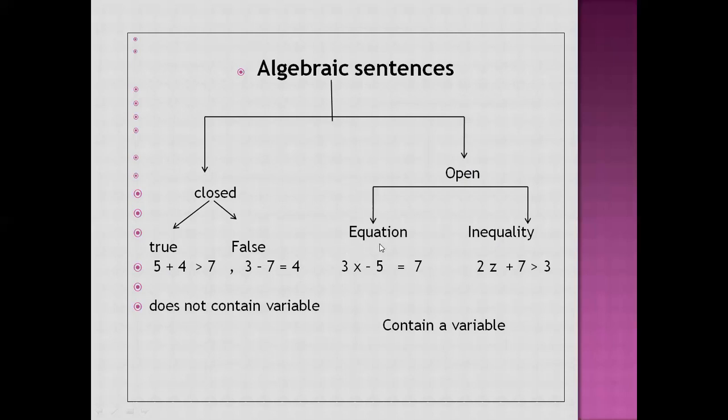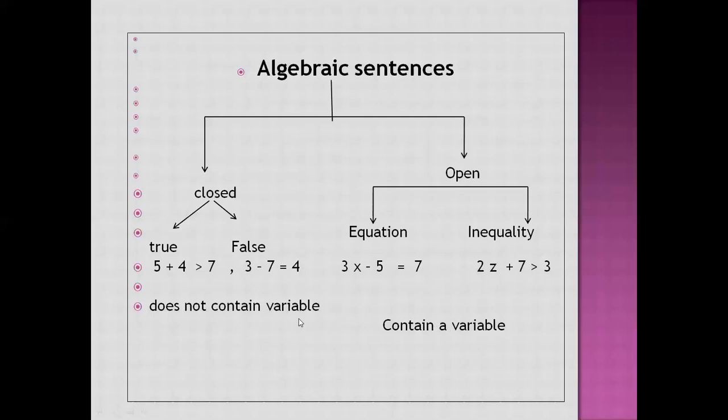Equation, by the name we can easily understand, the equals sign is given between the two expressions. 3x minus 5 is equal to 7. 2z plus 7 is greater than 3. Inequality means the less than, greater than, less than or equal to, greater than or equal to signs are involved in the inequality sentences, and they must contain at least one variable.